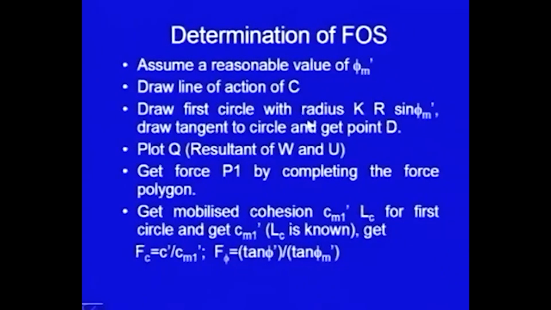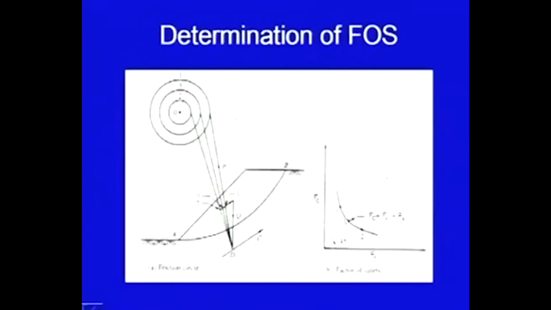Draw the first circle with radius k r sin phi m dash, and draw a tangent to the circle and get point D. This is the first trial circle, this is the modified friction circle. Draw a tangent to it, so that gives you the direction of P, and get this point of intersection D.